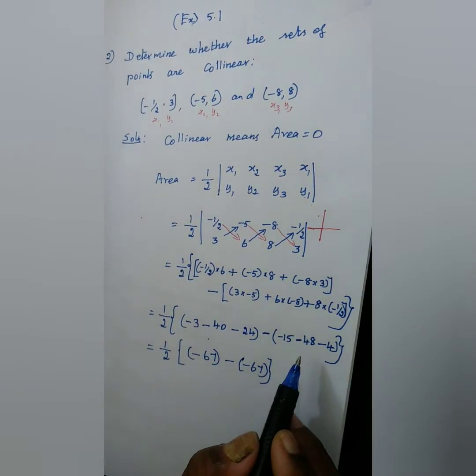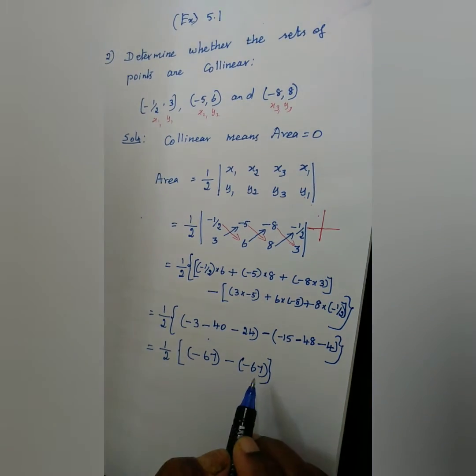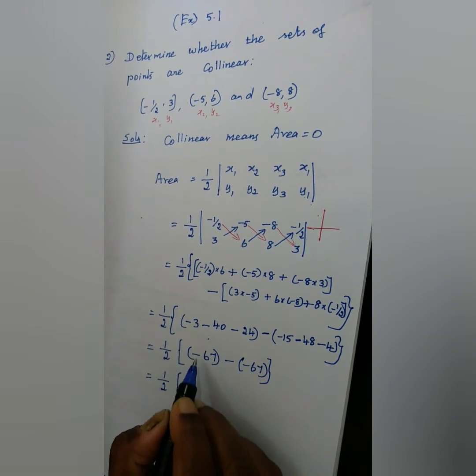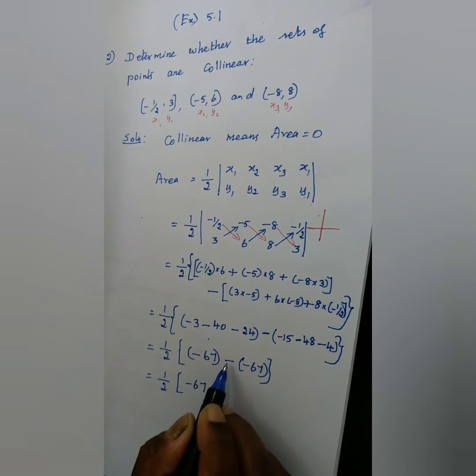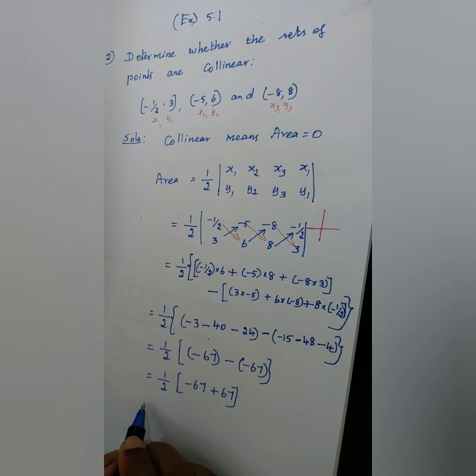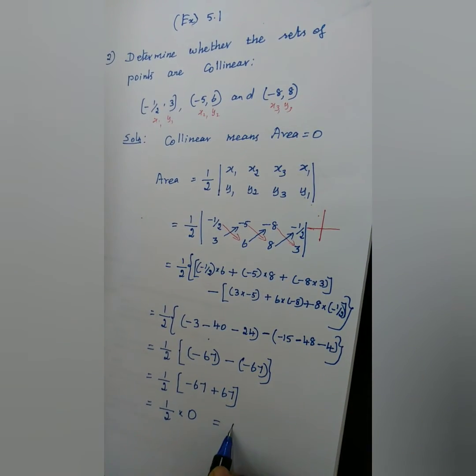When you add these, you will get minus 67. So that is equal to 1 by 2 into minus 67 minus minus 67, and minus into minus is plus. So that is equal to 1 by 2 into 0, which is equal to 0.